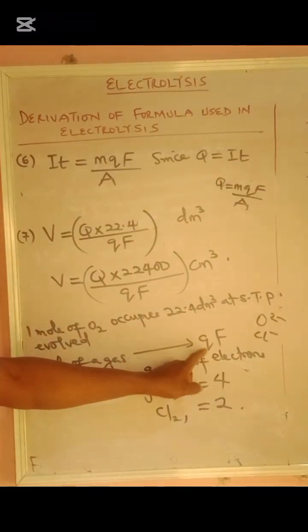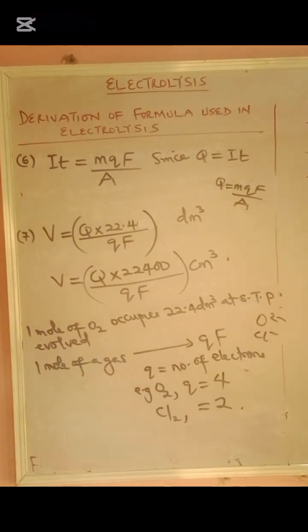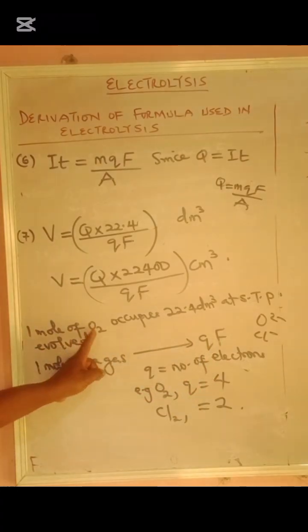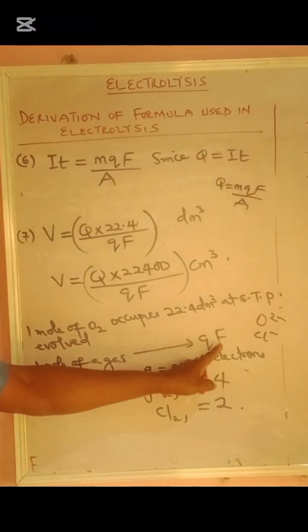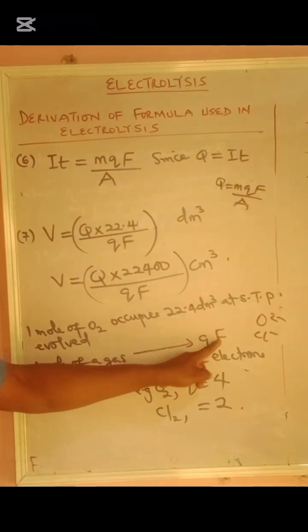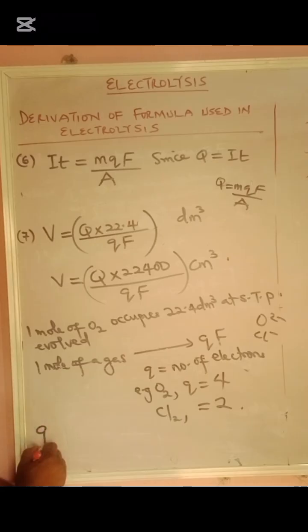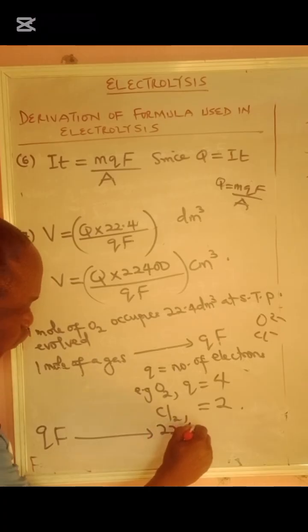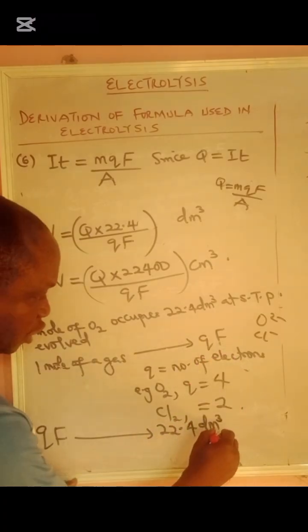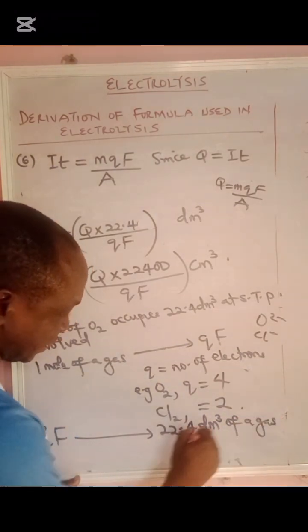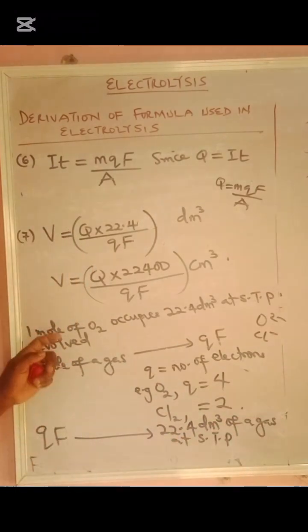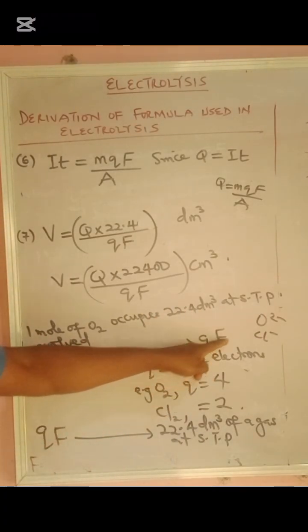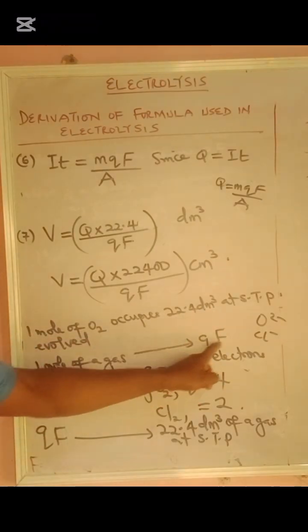It means 1 mole of a gas requires Q Faraday, and 1 mole of a gas occupies 22.4 dm³ at STP. So it means QF is the quantity of electricity required to liberate 22.4 dm³ of a gas at STP, because we have said 1 mole is equivalent to this.